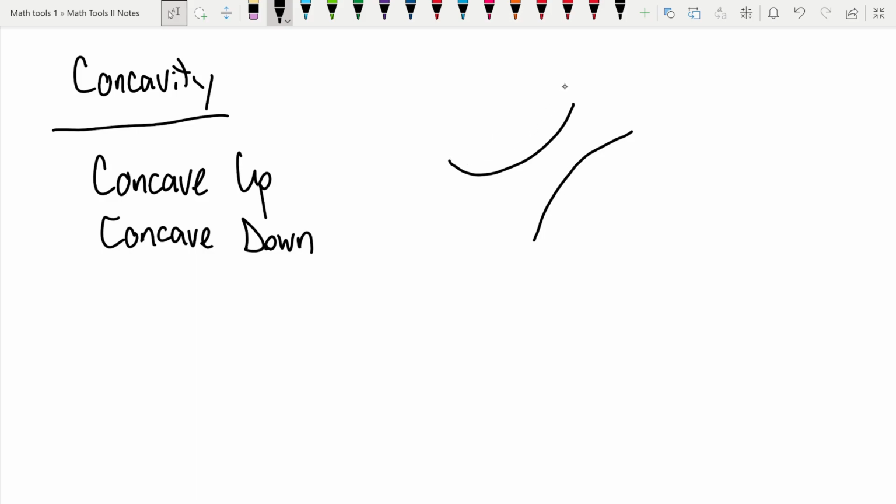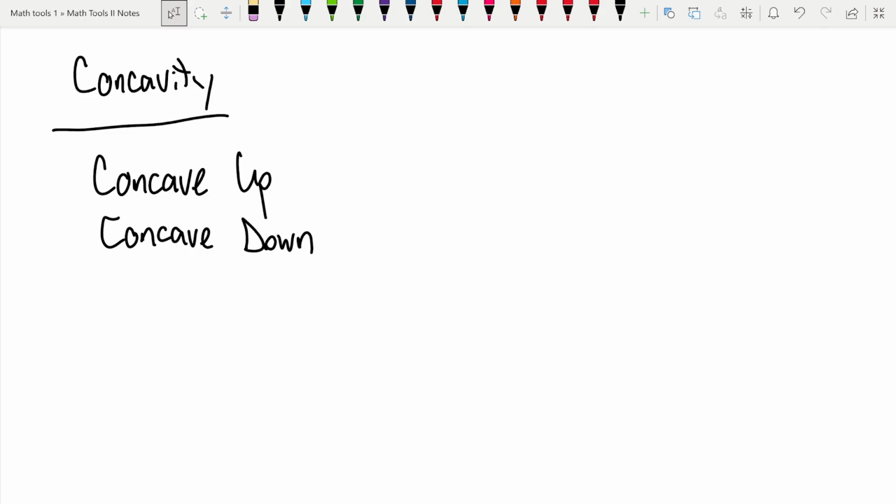Like going in from this side, it'd be curving inwards. So this can describe functions in general, right? Just because of what makes up the definition of a function, all of them are going to have this kind of same shape. But where they differ is where they're what we call concave up or concave down.